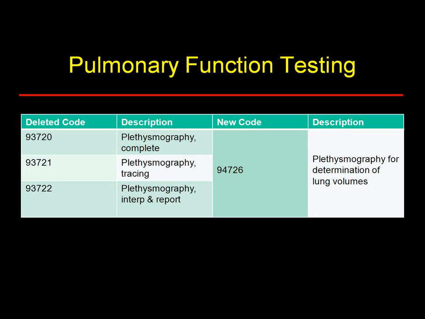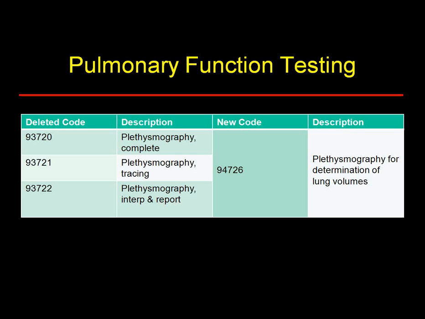So let's go through these in sequence. The prior trio of body plethysmography codes, 93720, 21, and 22, reflecting respectively the complete study, the technical portion only, or the professional component, have all disappeared in favor of the new code 94726, body plethysmography determining lung volumes.